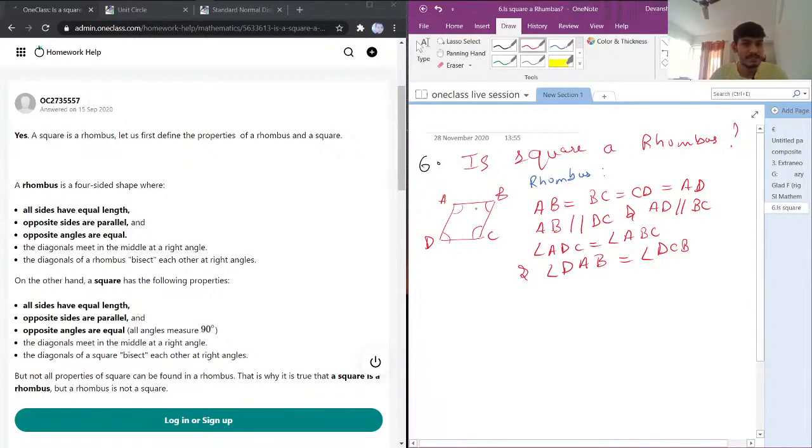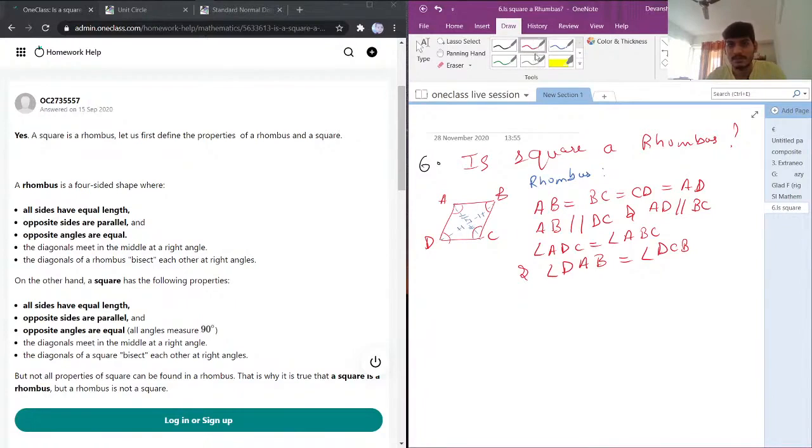Now the diagonals meet in the middle at a right angle. The diagonals of a rhombus bisect each other at right angles. So let me draw the diagonals. These two bisect each other and they are at right angles.